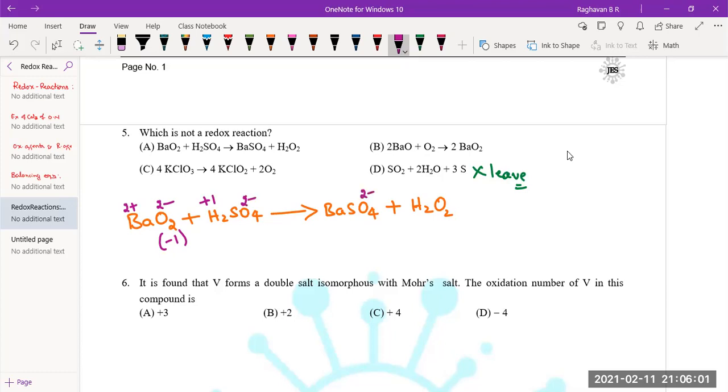On the right hand side, barium +2, hydrogen +1, oxygen -1, because these 2 hydrogen is +2, 2 oxygen is -2, so each oxygen is -1. So left hand side, right hand side, oxidation numbers are same. So therefore, no change in oxidation numbers. Not a redox reaction.